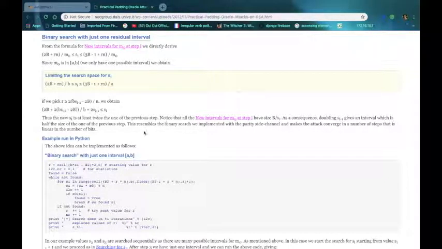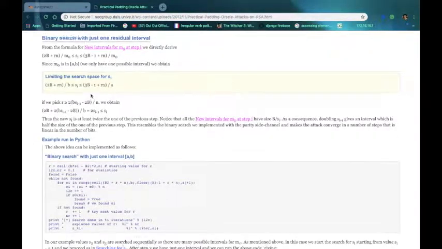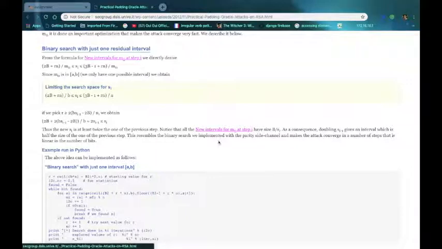What this does is shrink the interval. Each interval size for step i would be b by Si. So once the Si becomes 2 times the Si minus 1, we are essentially shrinking the interval by 2, which helps us find the required Si faster.